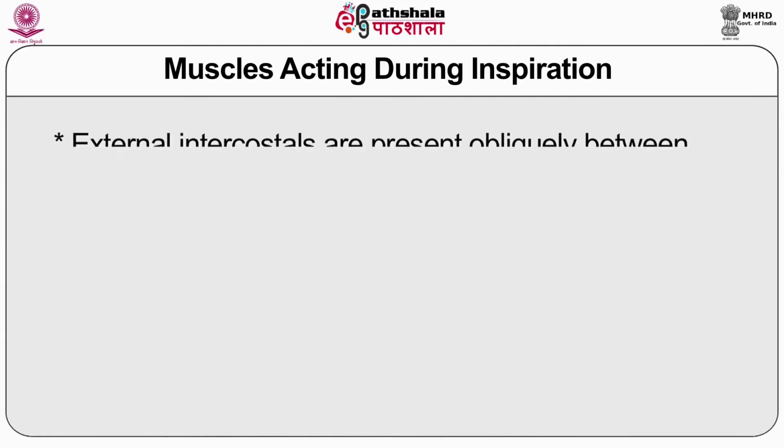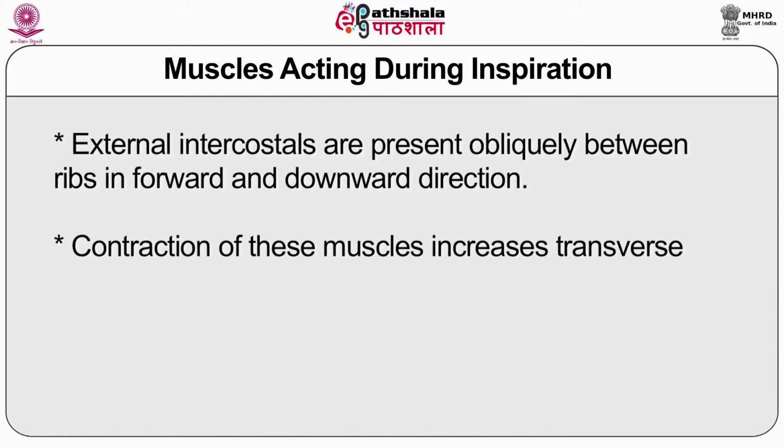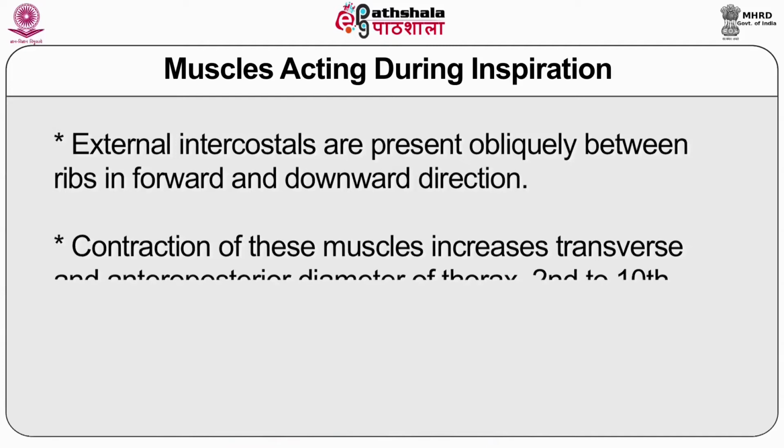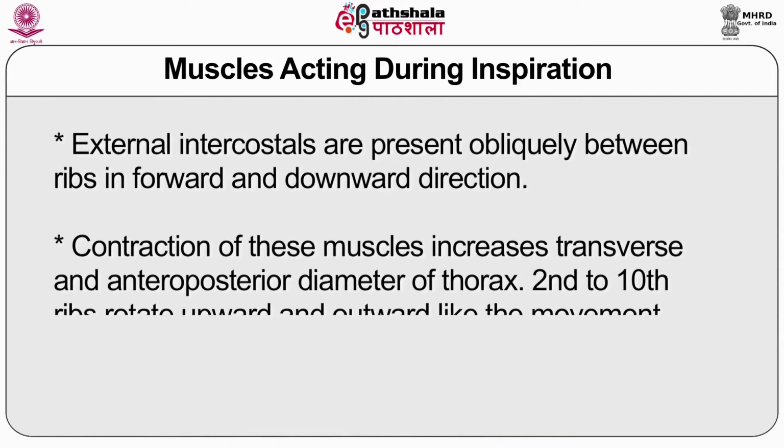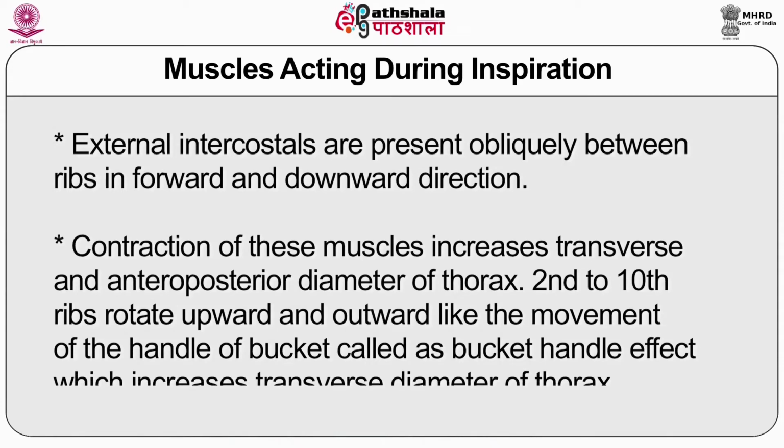External intercostals are present obliquely between ribs in a forward and downward direction. Contraction of these muscles increases the transverse and anteroposterior diameter of the thorax. The second to 10th ribs rotate upward and outward like the movement of the handle of a bucket, which is called the bucket handle effect, which increases the transverse diameter of the thorax.